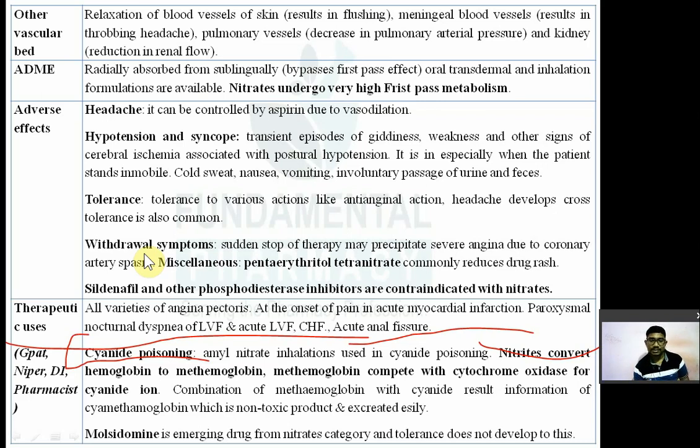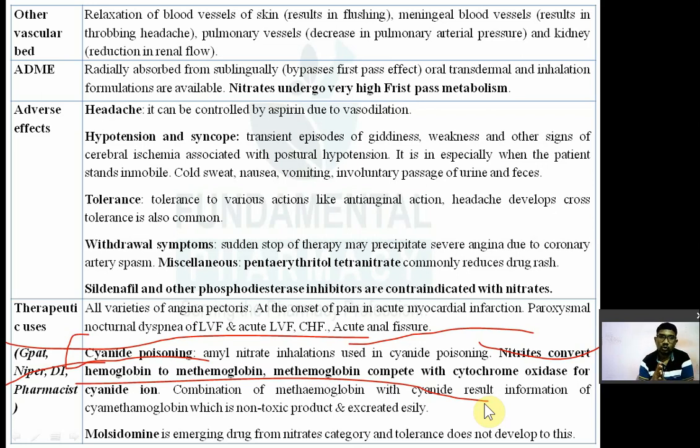Nitrates convert hemoglobin to methemoglobin, and methemoglobin competes with cytochrome oxidase for the cyanide ion. In cyanide poisoning, when you give nitrates, they pull the cyanide away, combine with hemoglobin and form methemoglobin. So when methemoglobin forms, the cyanide ion is not able to inhibit the cytochrome oxidase enzyme. That's how they are useful in cyanide poisoning.